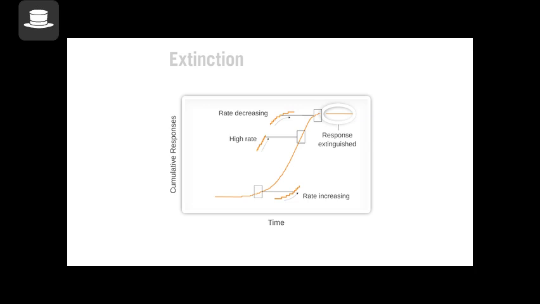For instance, the association between the response of pressing the lever and dispensing food is broken. The most efficient means of unpairing the response and the reinforcer is to stop reinforcing the operant response. That is, to not present food when the bar is pressed.